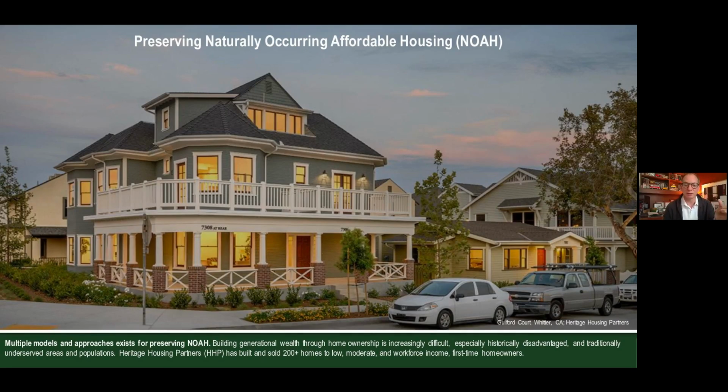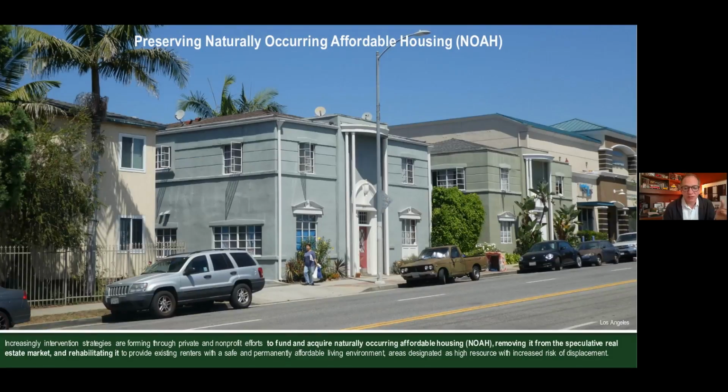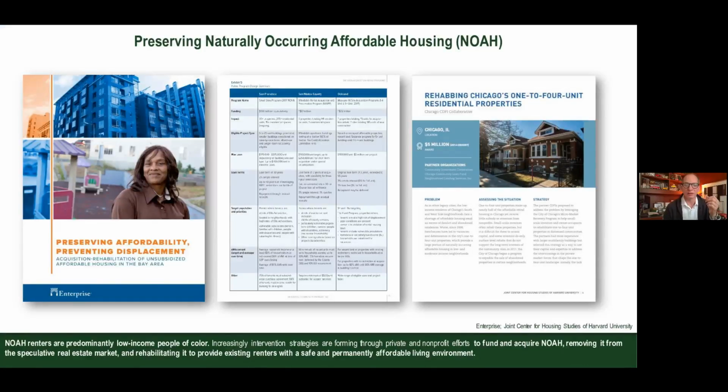Or in this example, we're seeing many more interventions to preserve naturally occurring affordable housing, from NOAH, in terms of acquisition and financing rehab so that you're protecting them, because they're increasingly vulnerable through demolition and redevelopment.